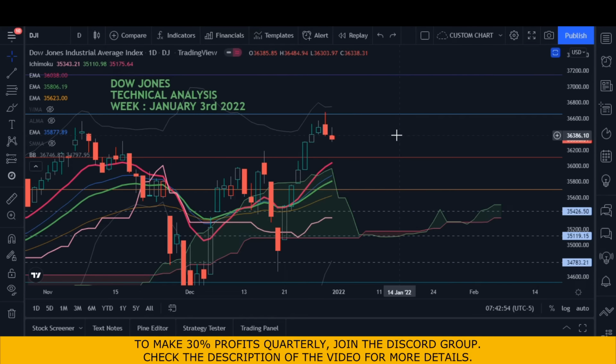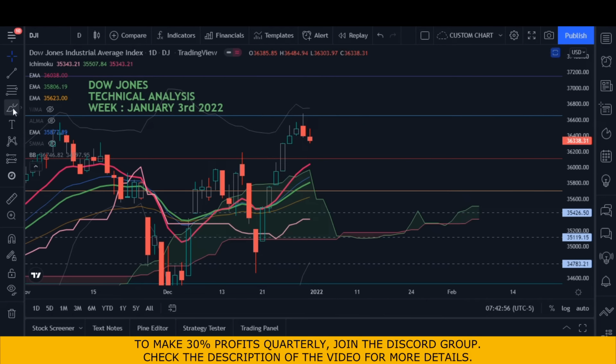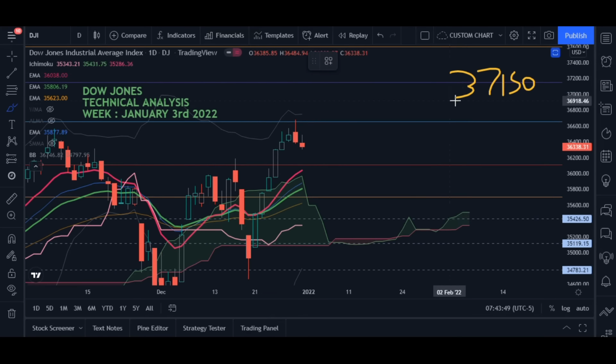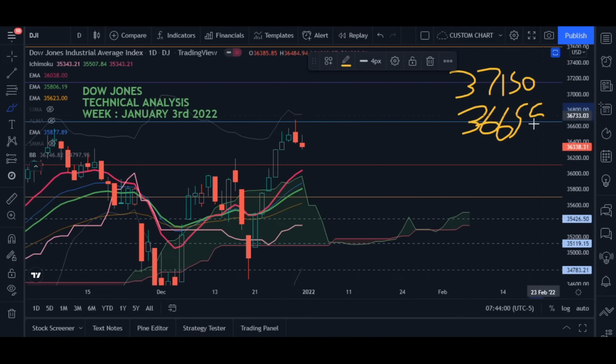So let me first write down the support and resistances quickly. It is 37,150. Now we come to the next level, 36,655.